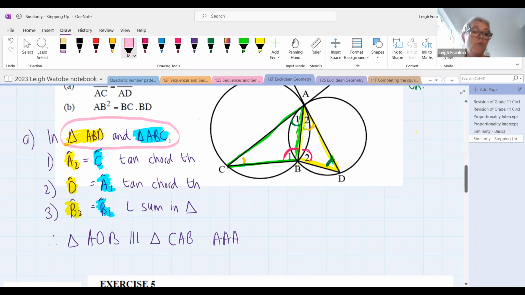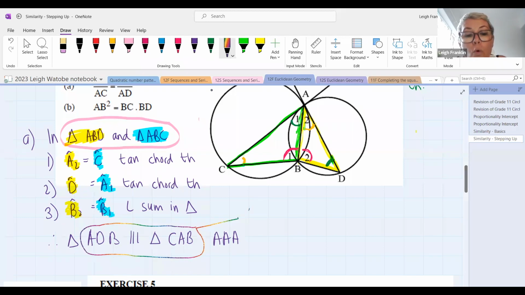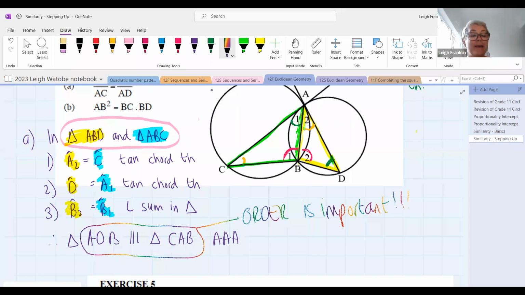So up at the top here, the order is not important. You can write any letters over here. But down at the bottom, where I'm drawing a circle around them, your order is very important. The order is important because that is what we are going to use to write the corresponding sides in proportion.